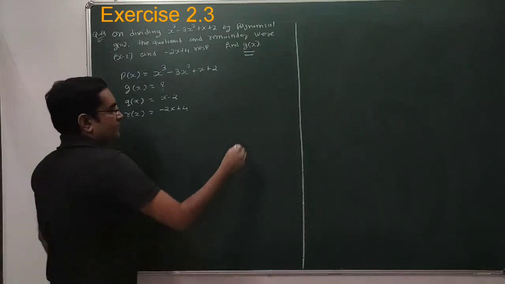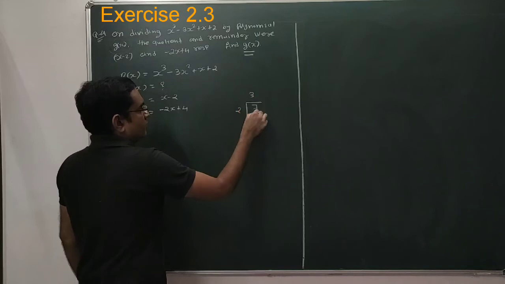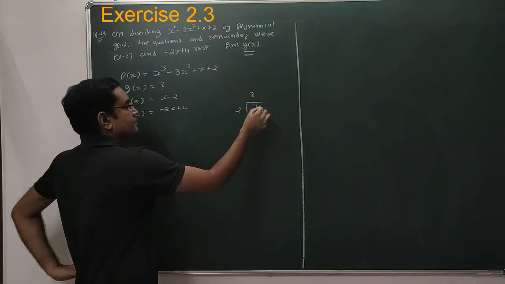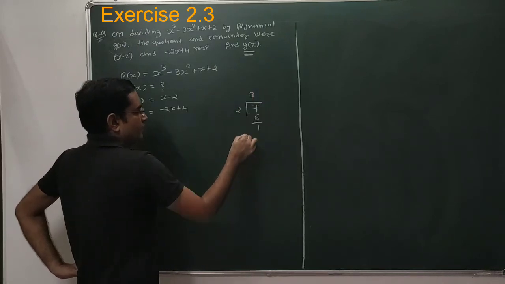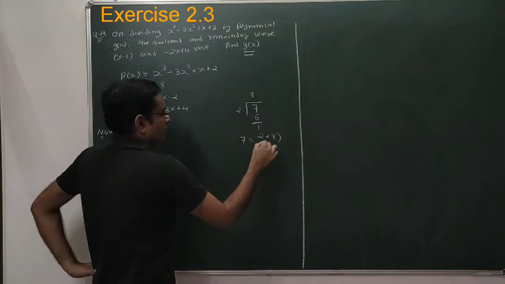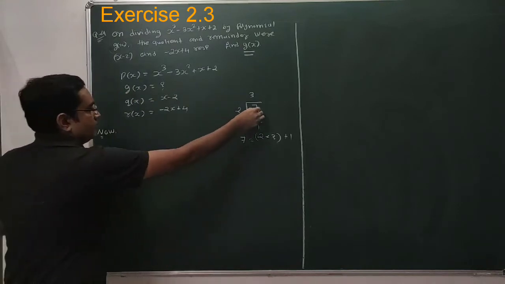So now we have discussed that if we divide 7 by 2, 2 threes are 6, and the remainder will be 1. So this is the dividend, this is the divisor, this is the quotient, and this is the remainder. So we can write this 7 as the multiplication of 2 into 3 plus 1. So what is this? This is the dividend.